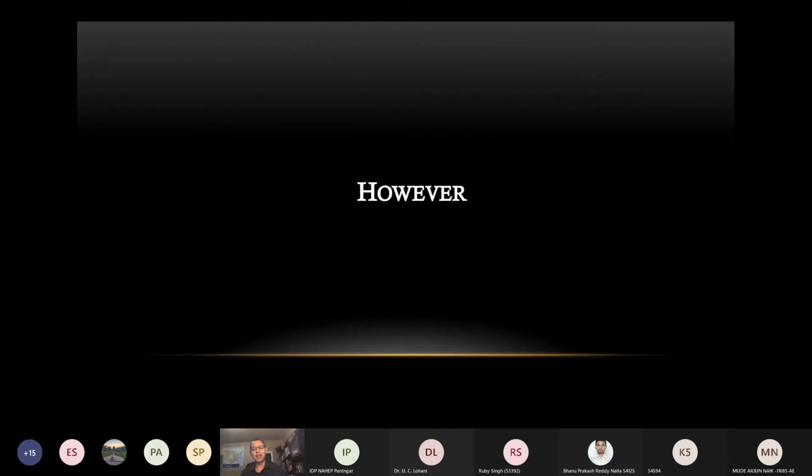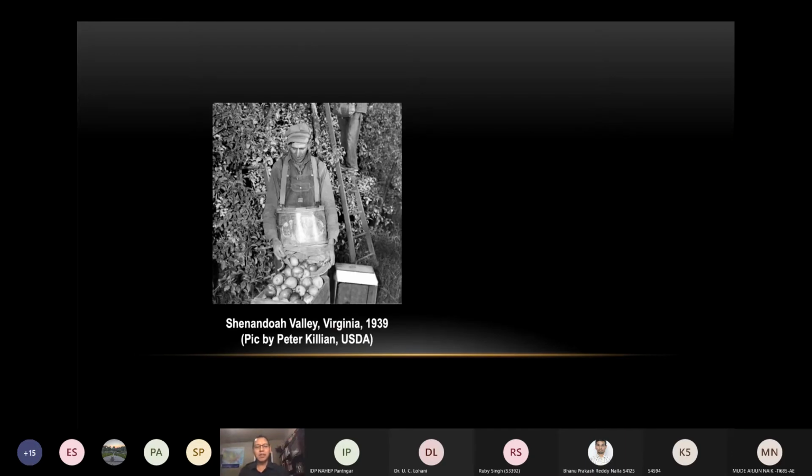However, the benefit of these kinds of technologies has been to only certain kinds of crops. As we can see here, the crops I mentioned earlier, specialty crops, have not benefited from these kinds of advanced technologies even now. For example, apples.